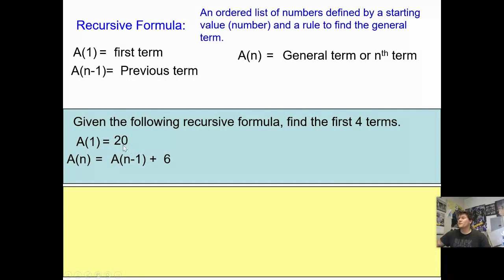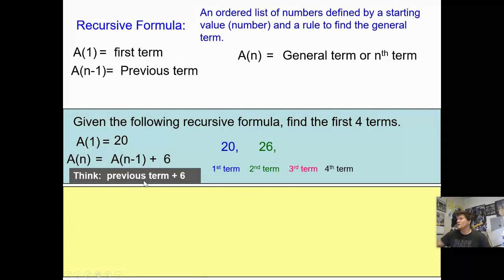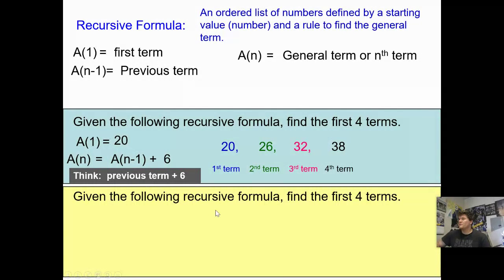So looking for the first 4 terms here, you have 20, and then you're adding 6 every time. So it'll be 20, then 26, then 26 plus 6, 32, then 32 plus 6, 38. First 4 terms. Given this formula, find the first 4 terms. So same thing again. This time, first term is negative 18, and our general rule is the previous minus 3.